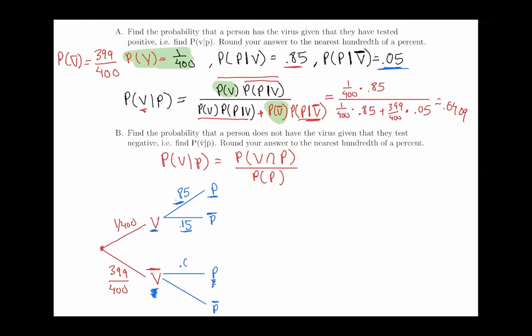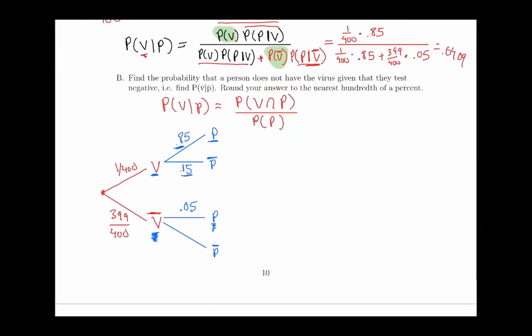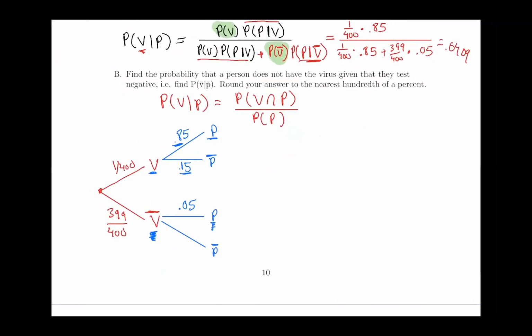They put 0.05. If the probability you test positive, given that you don't have the virus, is 0.05, what should be the probability you test negative? What should be this branch probability? Is it 0.95? Yeah, 0.95.